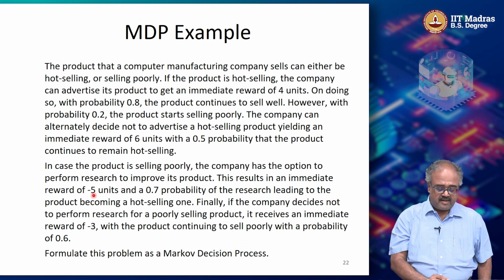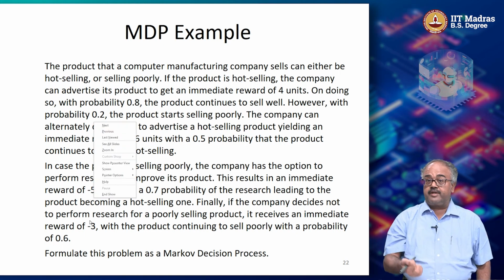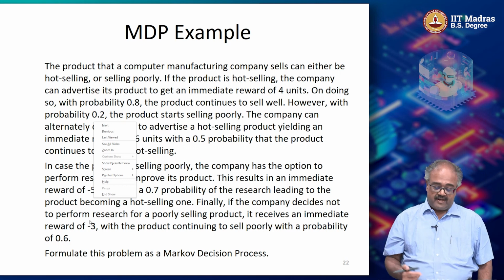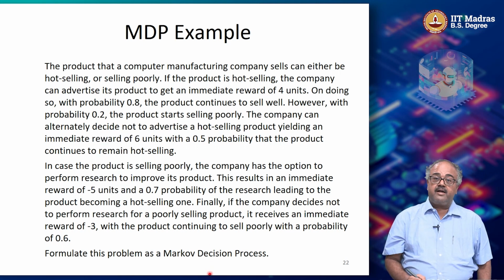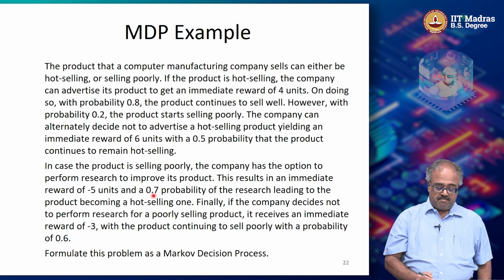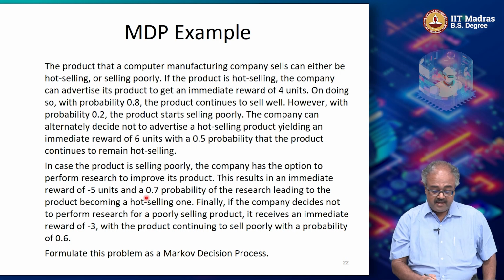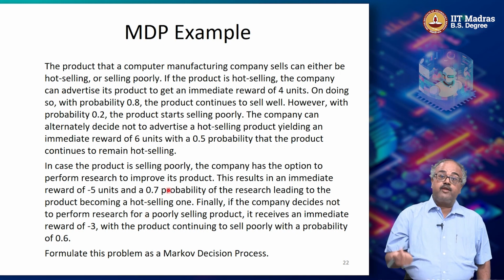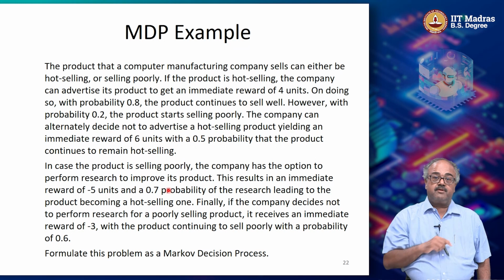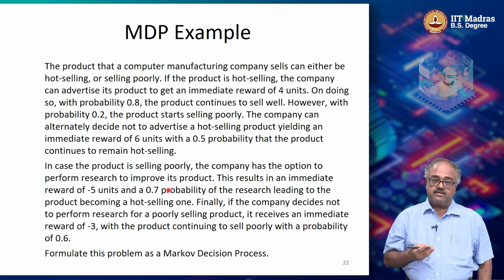So this results in immediate reward of -5 if you do research, because you have to spend on doing research, and it is poorly selling, and you're not getting enough return, right? So that's a problem. But if you do research, even though you're spending money, with the probability of 0.7, you'll now become a hot product, right? So now you'll become a hot product, and therefore you'll start making more money if you do research.